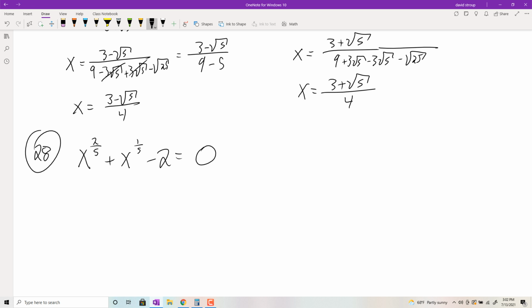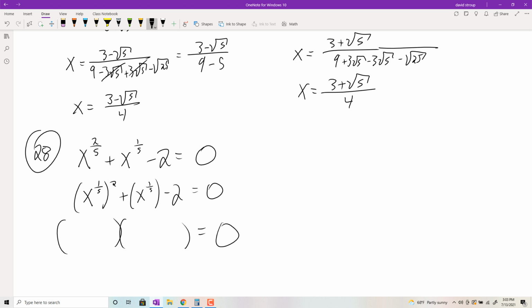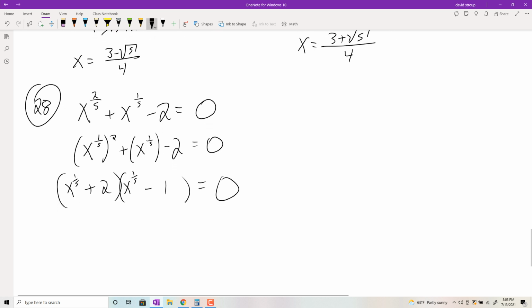Okay, so another quadratic form. This time the face is x to the 1/5. Hopefully you can factor this. We'll have x to the 1/5 times x to the 1/5, and then it looks like plus 2 minus 1. Set each part equal to 0.